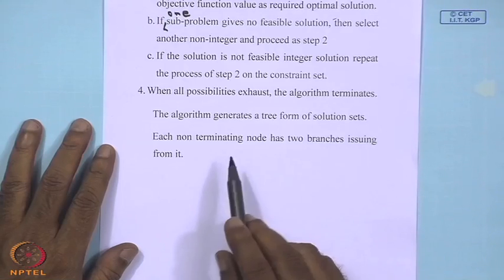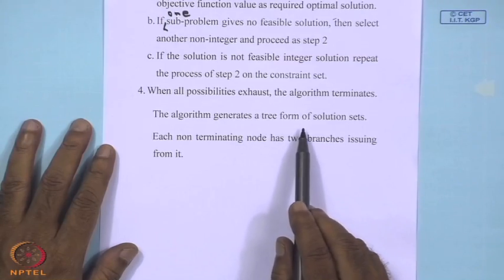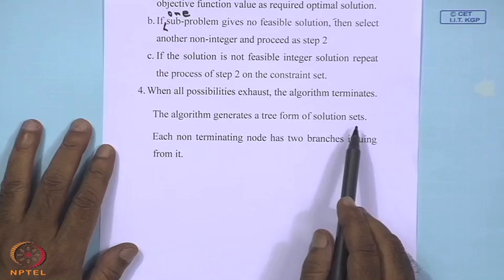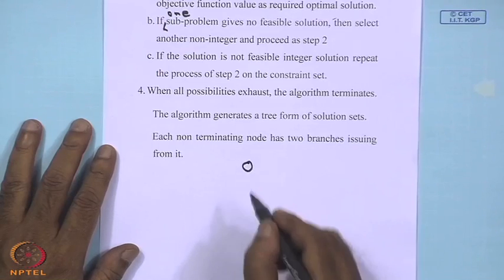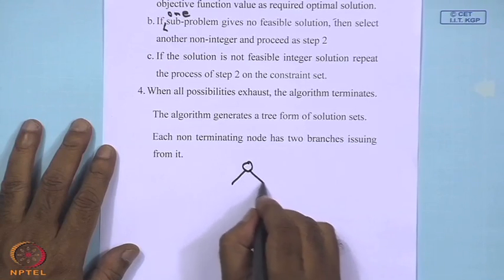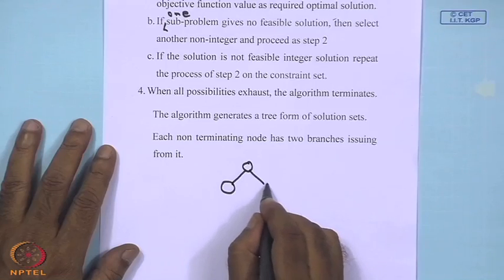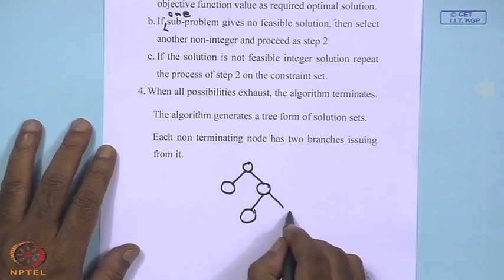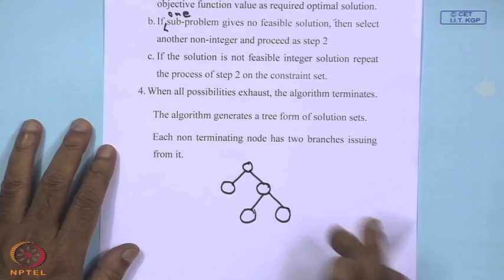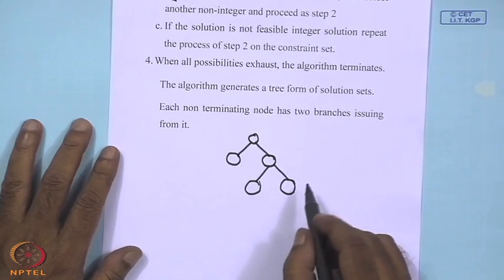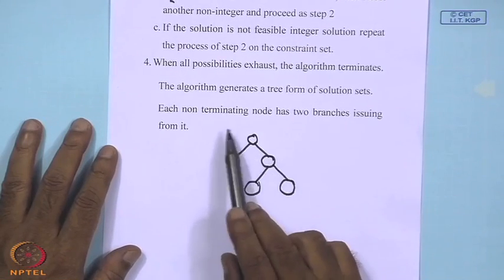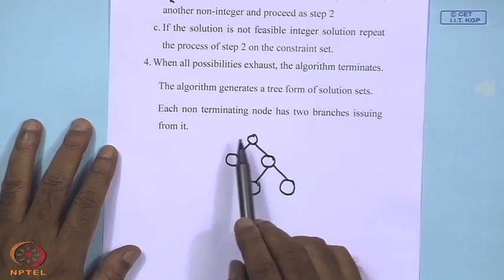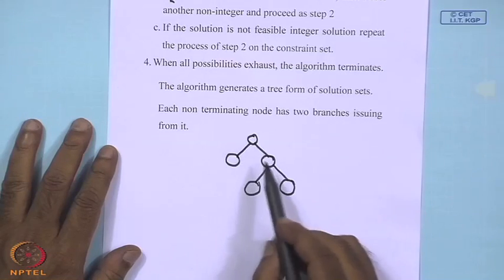Basically, the algorithm generates a tree form of solution sets. We have the original problem, and you break it into two subproblems. It may happen that you break these into two further subproblems, and in this way you go on in the form of a tree, and each non-terminating node has two branches issuing from it.